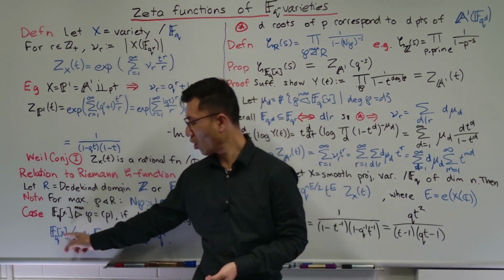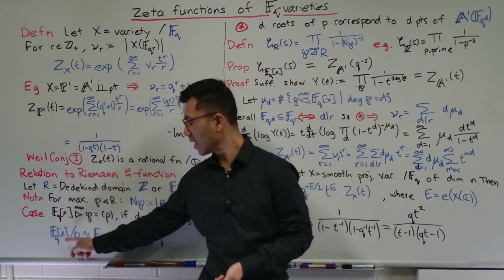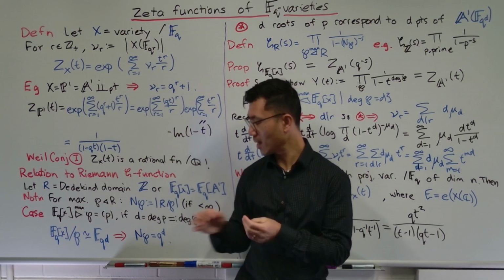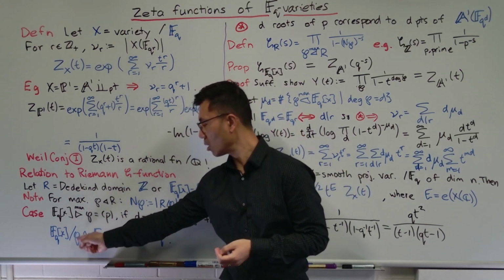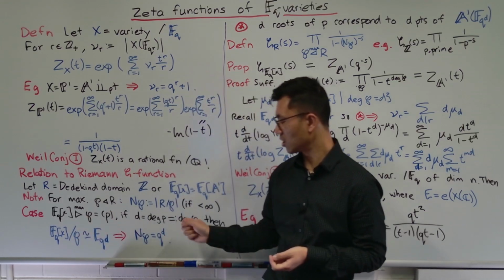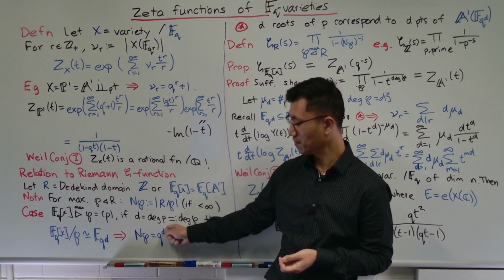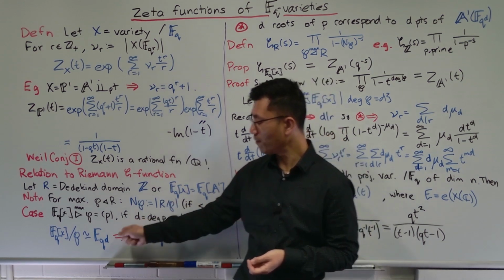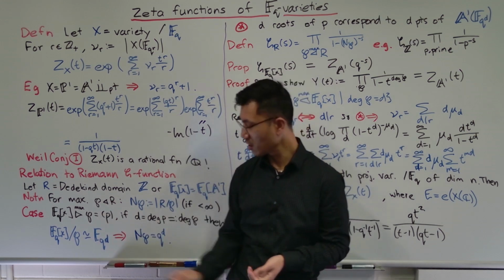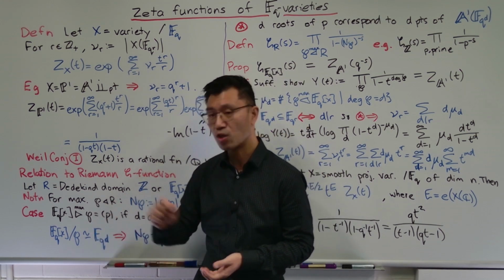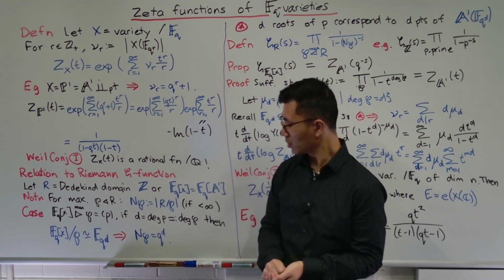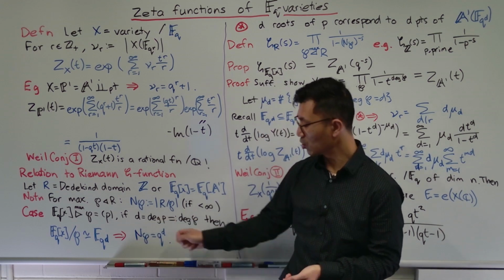And the other thing that you should know, hopefully, if you know your ring theory, is that it's going to be a finite field extension, and the dimension of that is just given by the degree of this polynomial P. So it's a degree d field extension of F_q, so it must be the field with q to the d elements. As a vector space, it's just d copies of F_q, so this field is the field with q to the d elements. So that tells you that the norm of P in this case is q to the d.